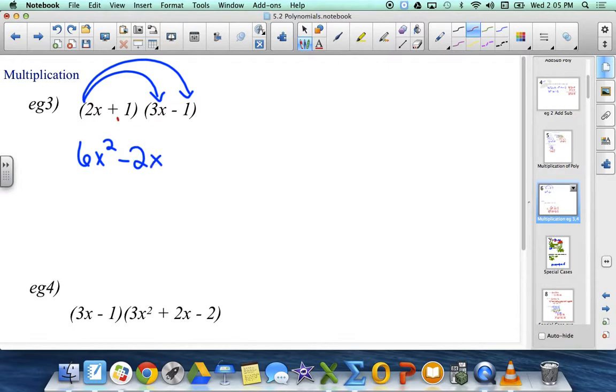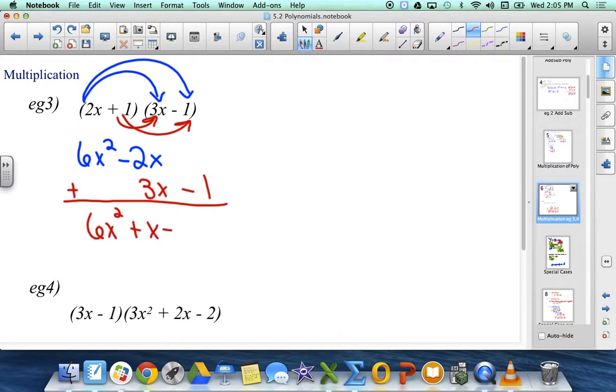Then we're multiplying 1 times 3x to get 3x, and 1 times negative 1 to get minus 1. So we get 6x squared plus x minus 1.